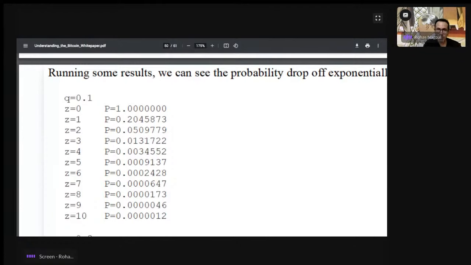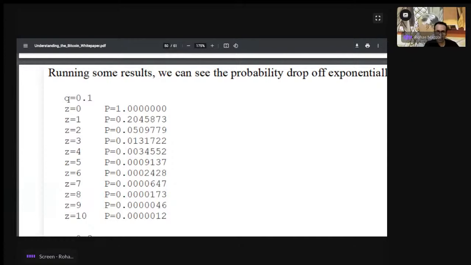So when the bad guy is 0.1, how many blocks behind is the bad guy? 0 blocks, which means he's with you. Then he's definitely going to win. The probability of him winning is 1. But if he is 1 block behind you, the probability falls from 1 to 0.2. So it's a huge fall. If he's 2 blocks behind, it becomes 0.05. Do you see how fast the probability has fallen?